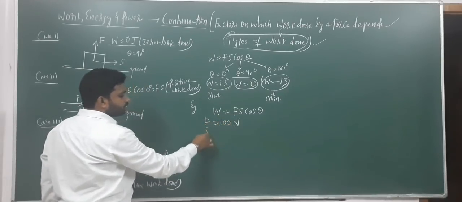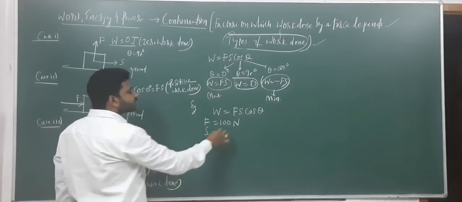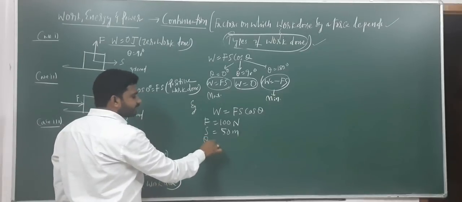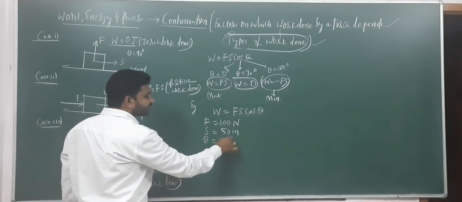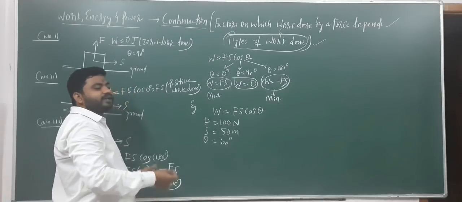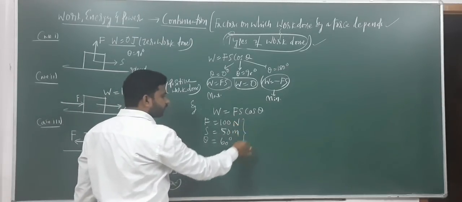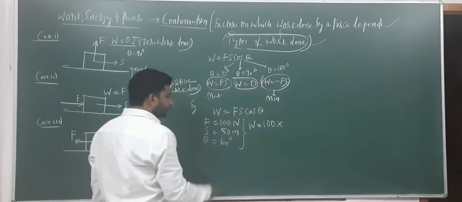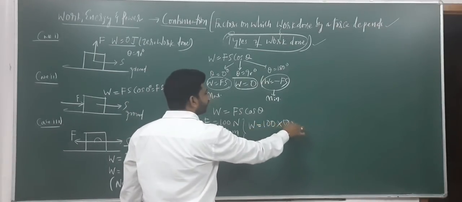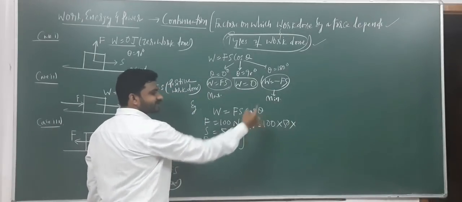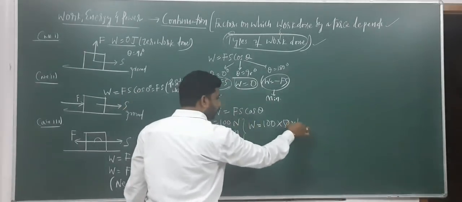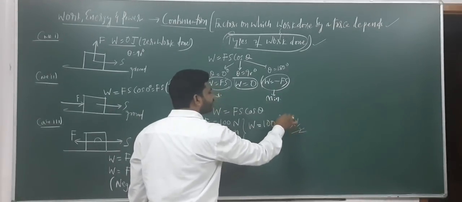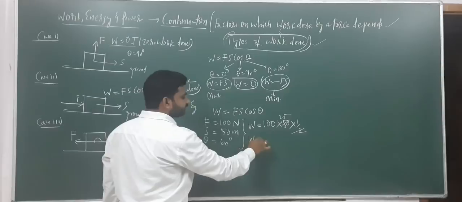For example, I give S value as 50 meters, and theta they mention as 60 degrees. The question is to find out the work done by the force. Work done by the force is equal to F 100 into displacement 50 into cos 60. Cos 60 is how much? It's 1 by 2, right?